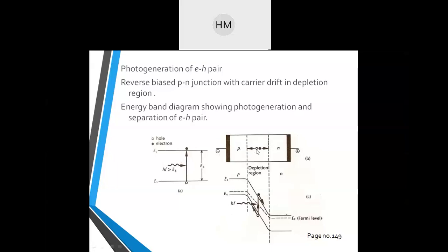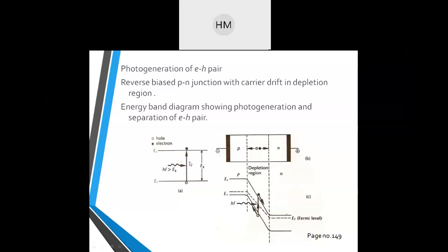Clear? Photo generation of electron hole pair takes place, leaving an empty hole in the valence band. Clear, students? A photon incident in the depletion region which has energy greater than or equal to the band gap energy Eg will excite an electron from the valence band into the conduction band.